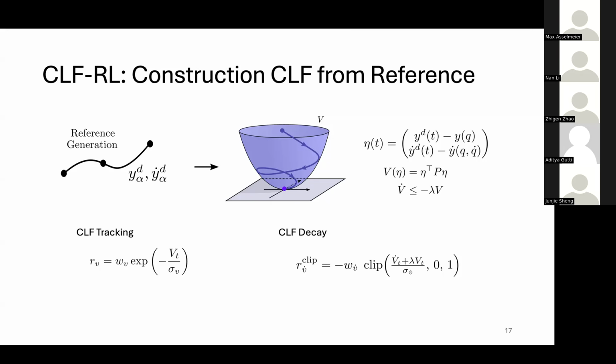It specifies a set of U's, and any U that satisfies this decreasing condition should give you certifiable stability. And so we just wanted to encourage that we're within this set. So we penalize the training if it doesn't converge at least as fast as lambda V. And if it does converge, then there's no reward. It's just 0. So you get this kind of hinge term.